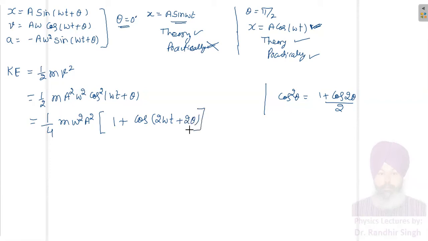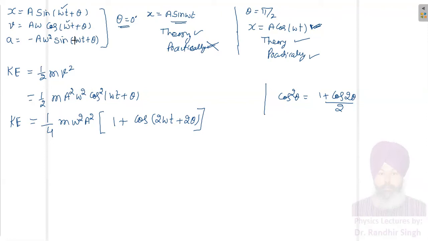So please tell me, what do you learn from this? What is the frequency of kinetic energy? No, 2 omega. The frequency of x was omega, and this is twice.